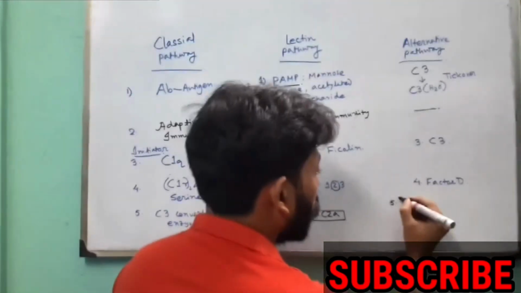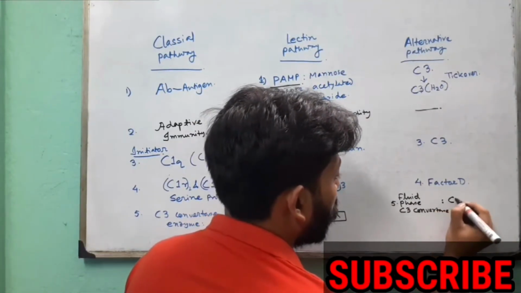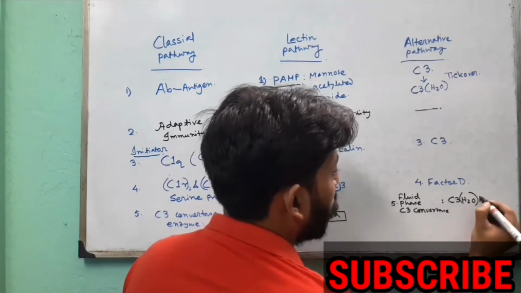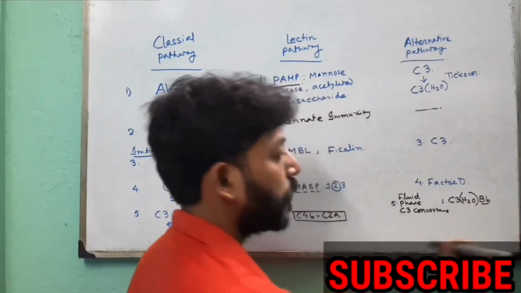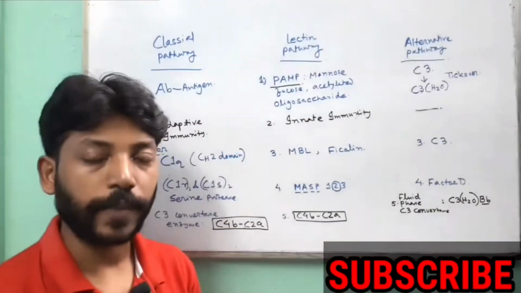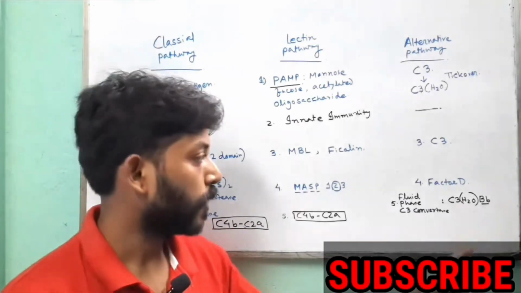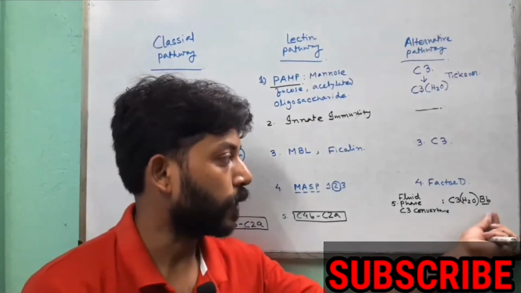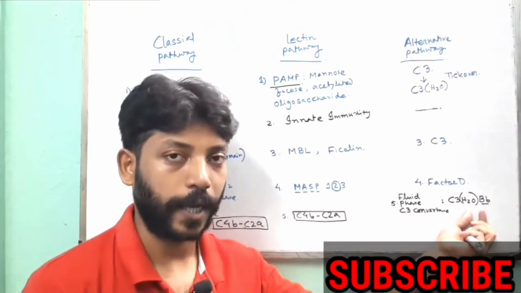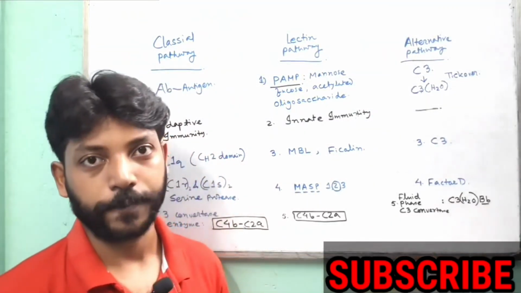One is called the fluid phase C3 convertase, that is C3H2O, meaning hydrolyzed C3, with Bb. This is factor B. When it is cleaved by factor D, it becomes two fragments, Bb and Ba. The larger fragment Bb attaches with C3H2O, hydrolyzed C3, to form the fluid phase C3 convertase.